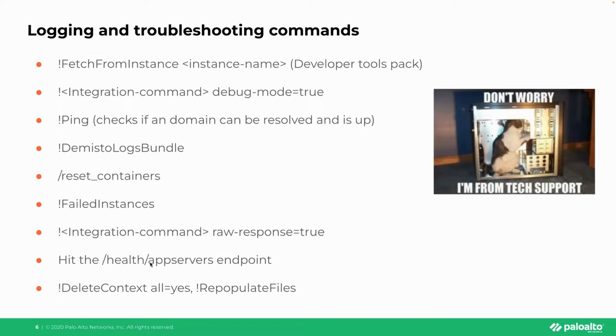The /health app servers endpoint is one of the endpoints that we use to monitor XSOAR system health. This is something that our DevOps team uses to monitor our hosted customers, and it's applicable to on-prem as well.